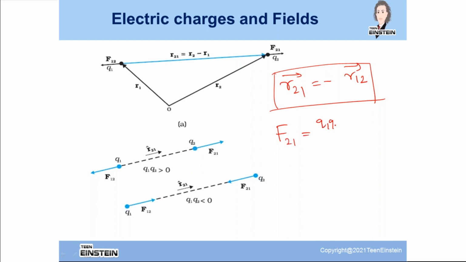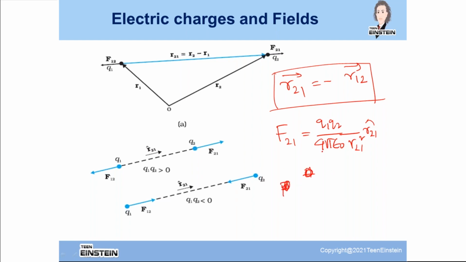I can write F21 as Q1 Q2 by 4 pi epsilon naught R21 square R21 cap.